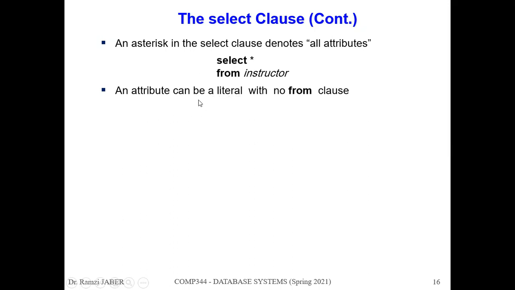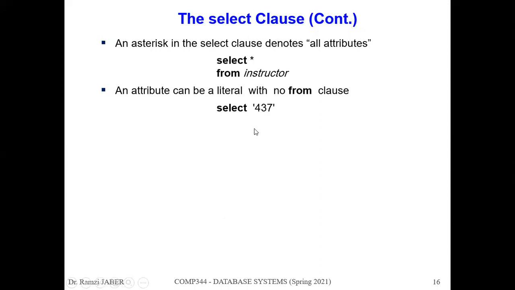Okay, here we have a special case. We can write select without from, but it's a special case. For example, select 437 in single quotes, but no table here. So it's a virtual table.